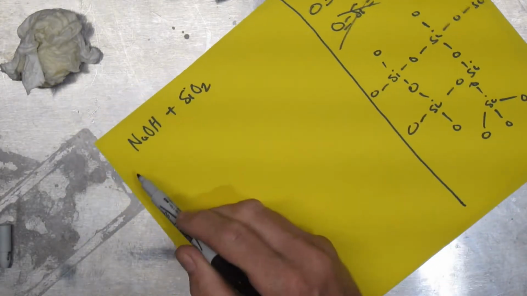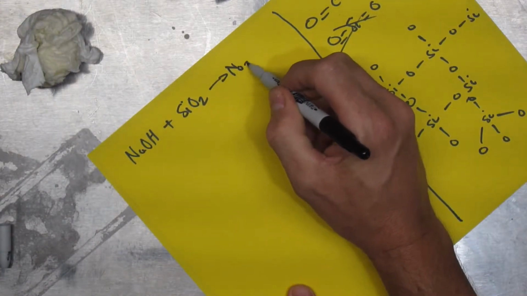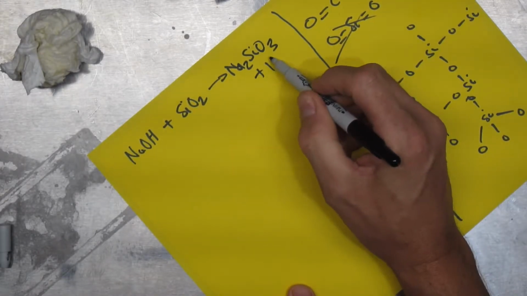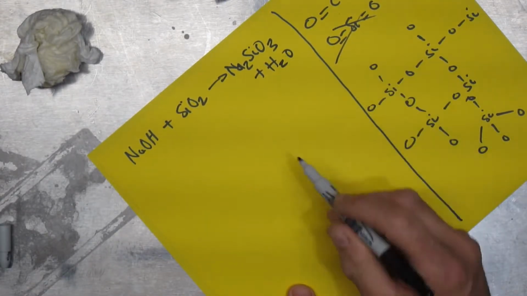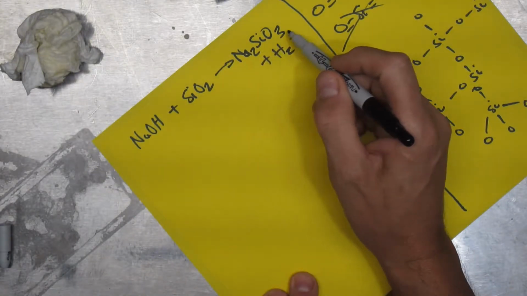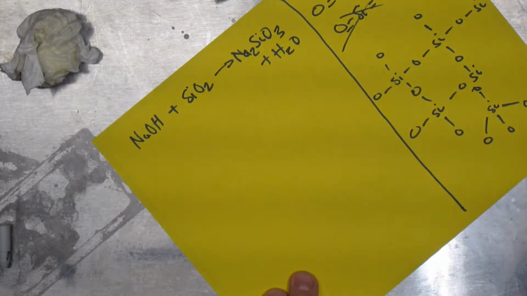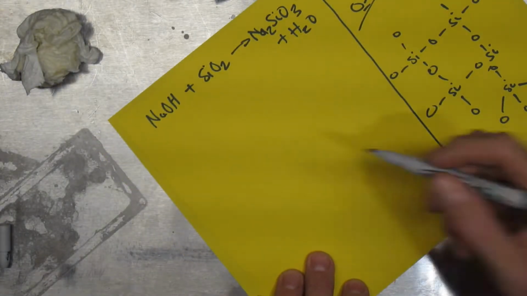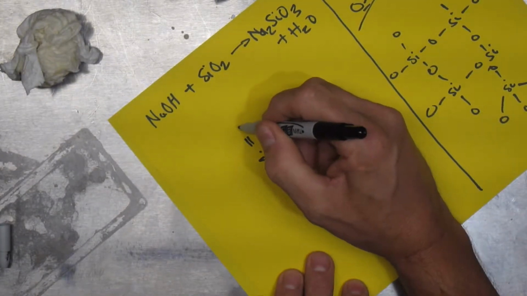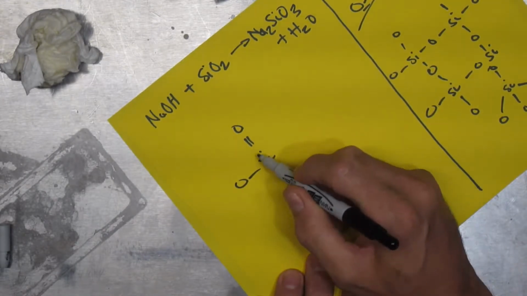Anyway, our reaction is this. This plus this goes to Na2SiO3, and you get a bit of water out of that. So this is a little weird, this sodium silicate. We've got 2 sodiums, a silicon, and 3 oxygens. Yeah, how does that work, right? So if you have a silicon and you've got 3 oxygens, it ends up like this.